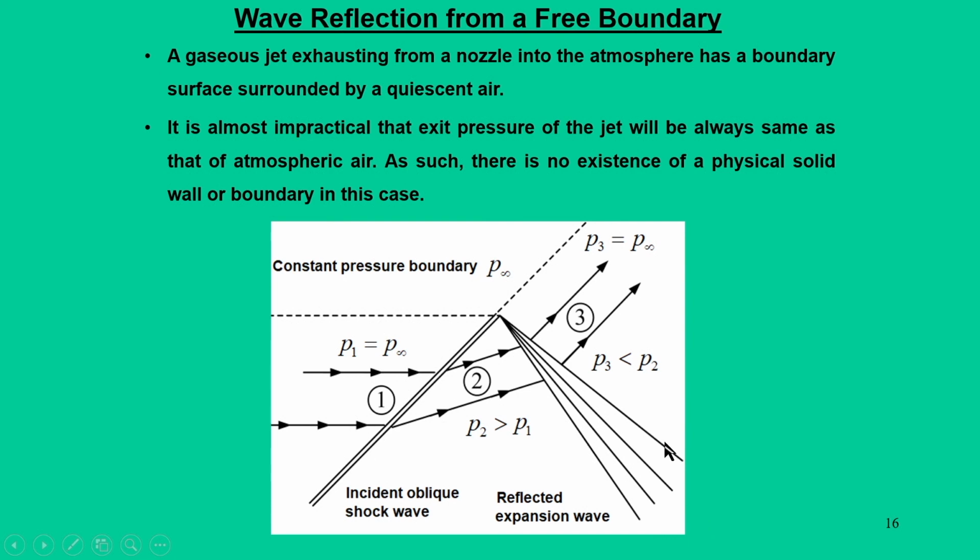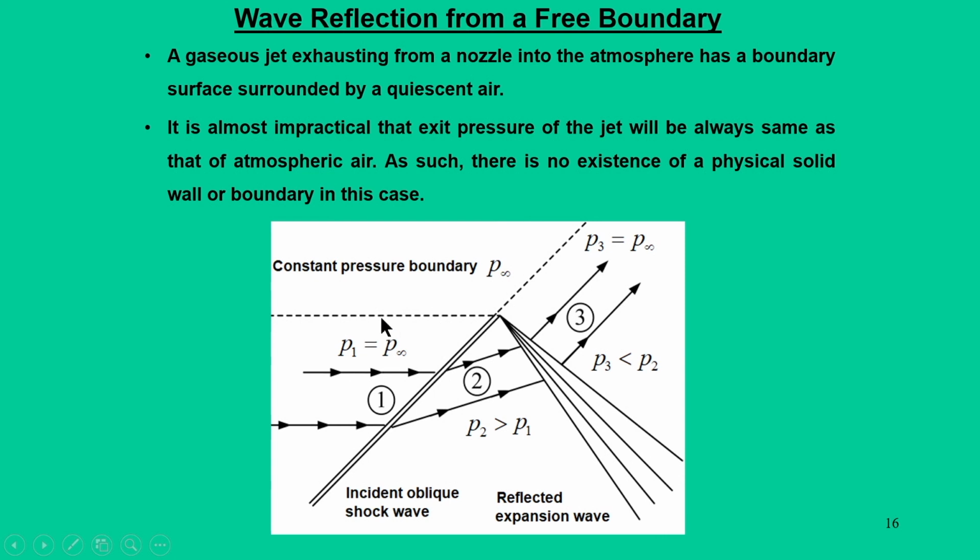So, what is the concept behind it? Let us analyze this particular situation, where we have a constant pressure boundary, P infinity, and we have region 1 for which the oblique shock is defined. That means the shock wave is incident at a certain angle, there is a shock wave angle, and this region 1 is defined.